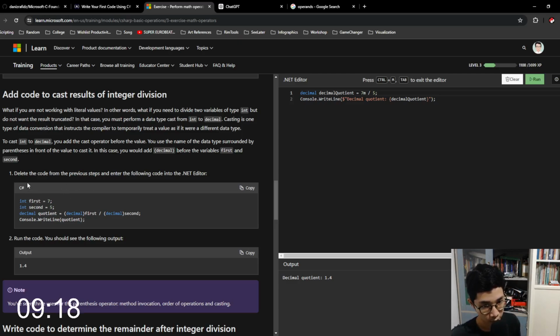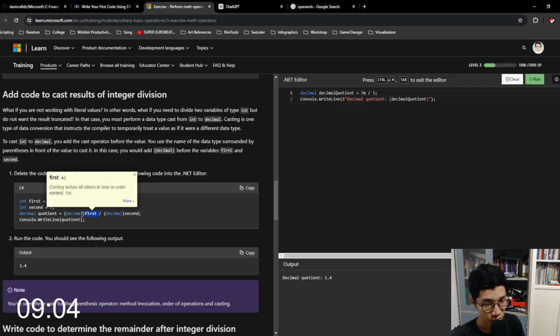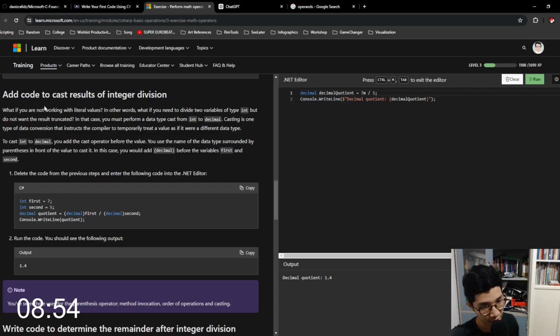So here, for example, integer first equals 7, second equals 5. So the decimal quotient equals, okay, first is actually an integer. Second is the same as first, which is integer, but with casting.